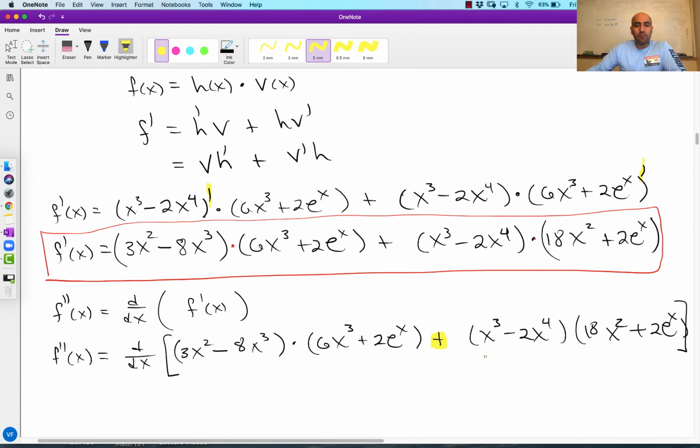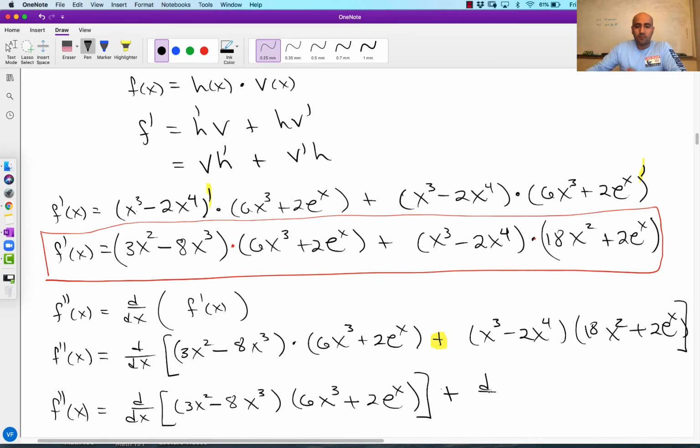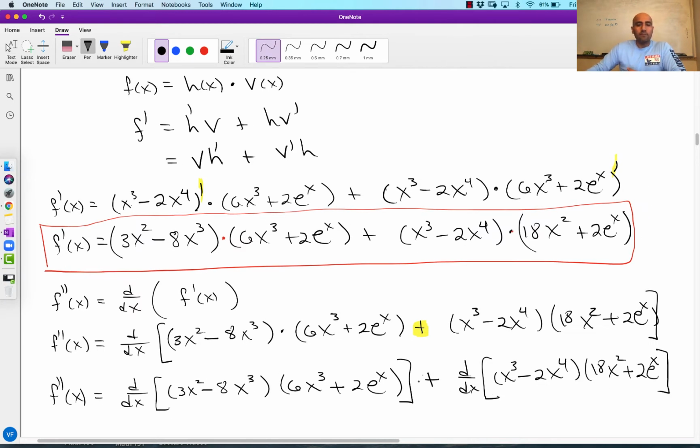We know we can separate this into the addition of the 2 derivatives. So that helps us simplify this into the following. Okay, so we were able to separate it into 2 separate derivatives, the derivative with respect to x of this product plus the derivative with respect to x of this product.